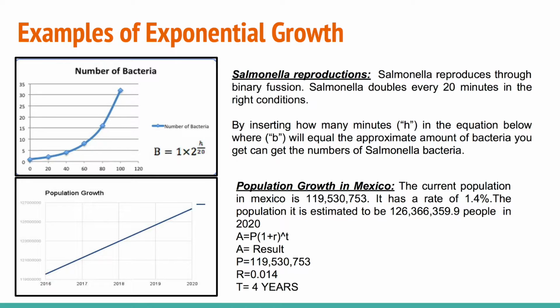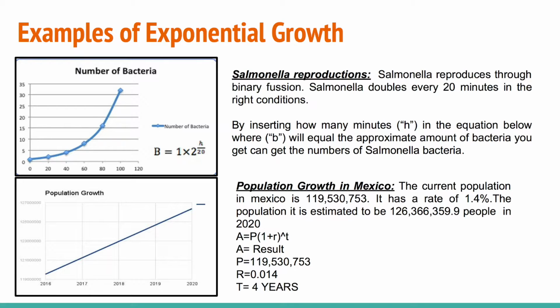An example of exponential growth can be if the current population in Mexico is 119,005,753, and it has a rate of 1.4 per year.